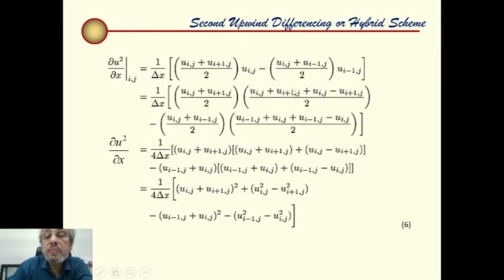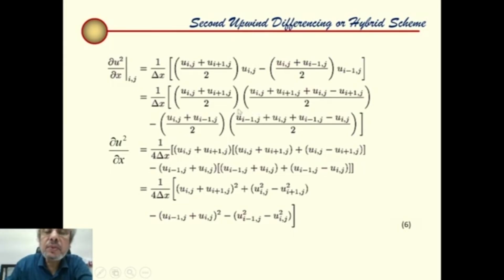So uij plus ui plus 1j plus uij minus ui plus 1j by 2, value is uij. Similarly, minus of this quantity, uij plus ui minus 1j by 2 multiplied by ui minus 1j.